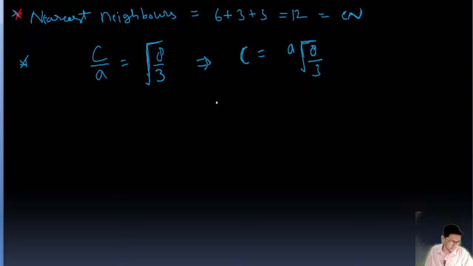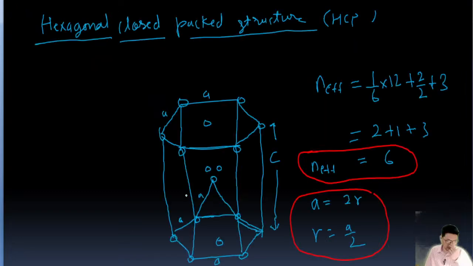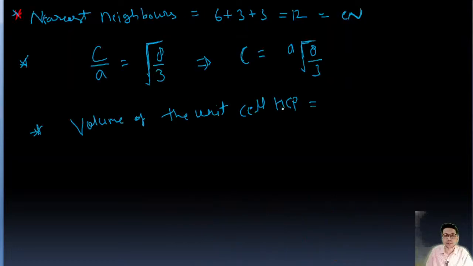Now we'll find the volume of the unit cell of HCP. So the volume is area of base into height, right?